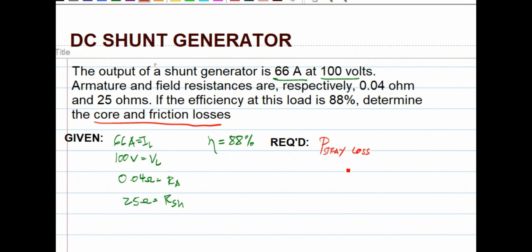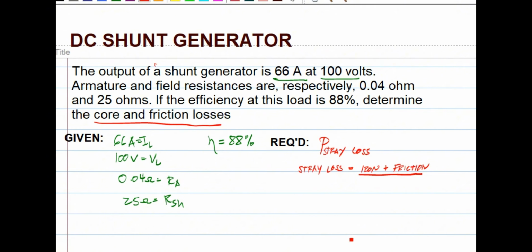Remember from the power flow diagram, the stray loss is equal to the iron plus friction loss, and it is located before the power developed in the armature. This is the mechanical loss.